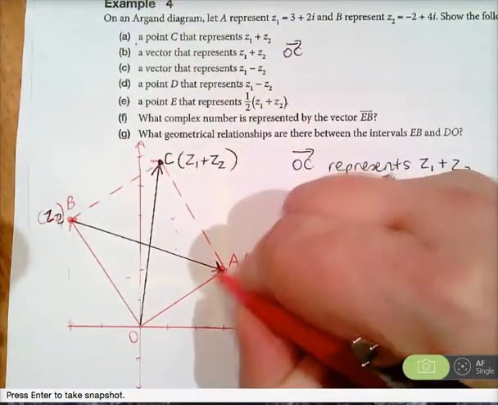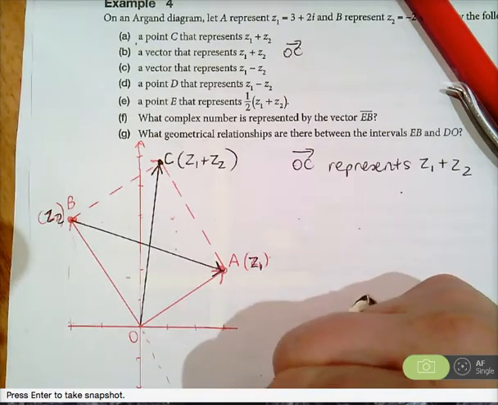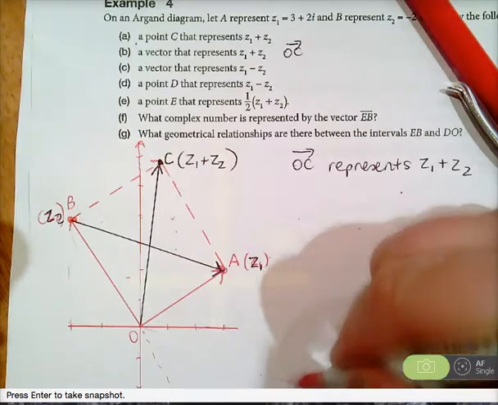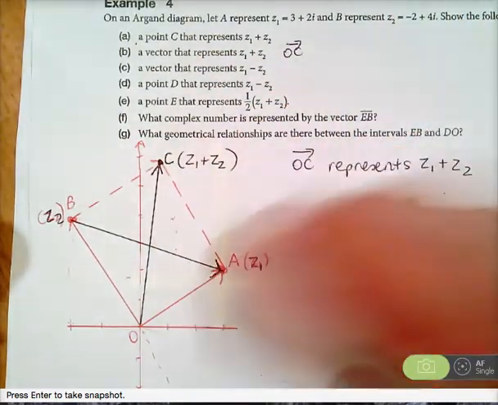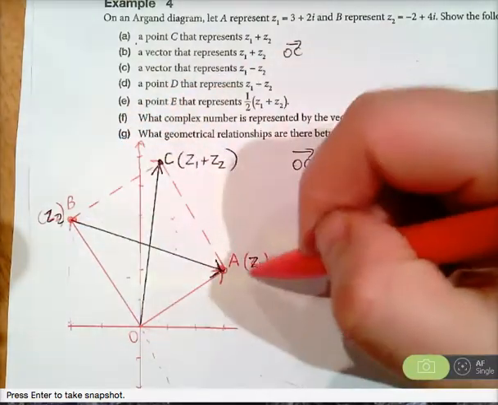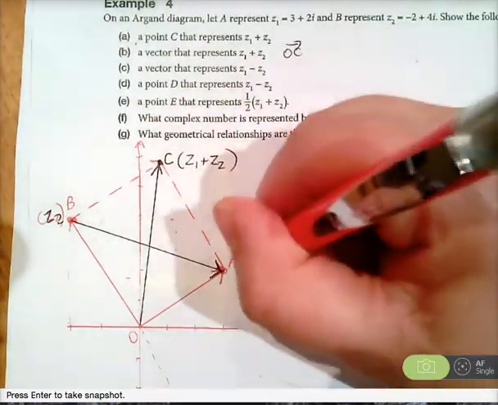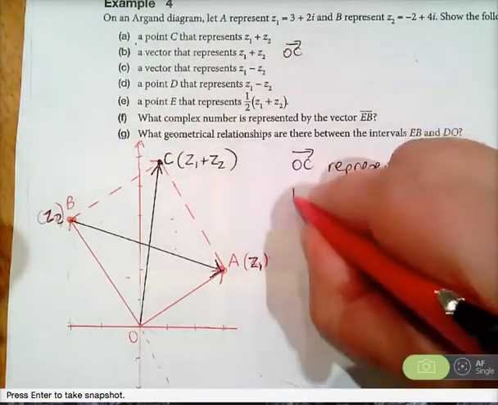And if you completed the parallelogram and did the diagonal, it would go downwards. So therefore, the vector that represents Z1 minus Z2, see, look, Z1 minus Z2 is going to be the vector BA.